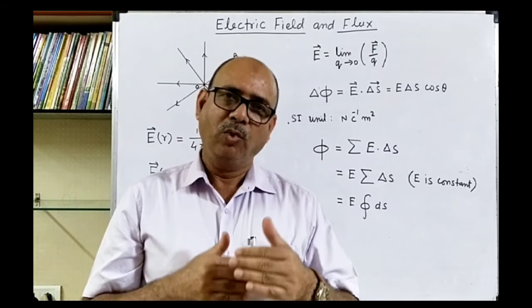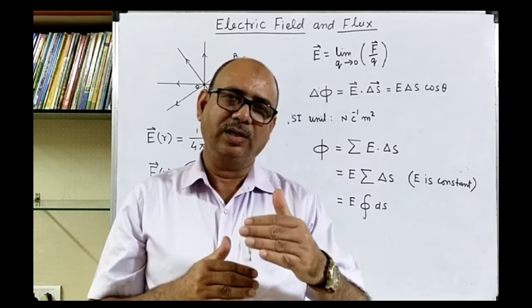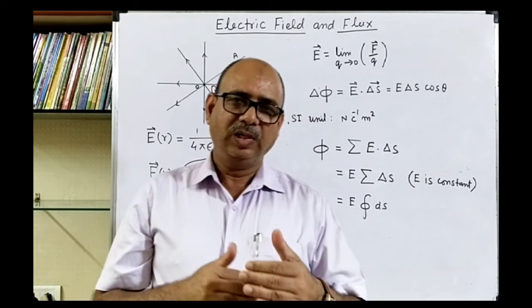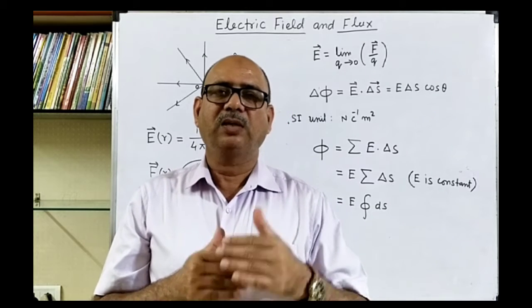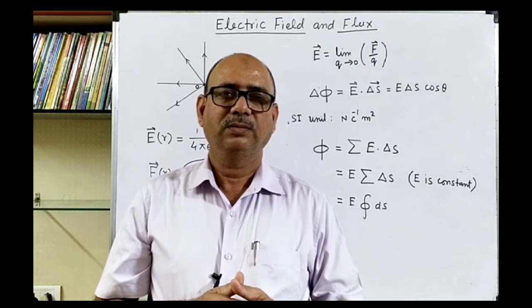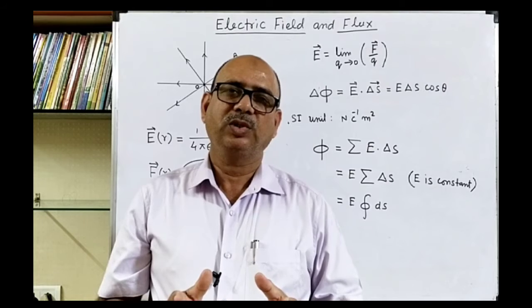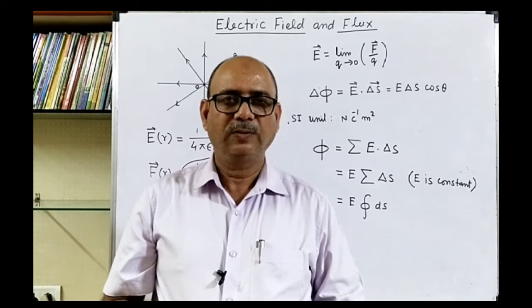That means more and more lines can be accommodated in a given surface area. That means when we increase the strength of the electric field, the electric flux also increases. So we can say that electric flux is directly proportional to the magnitude of the electric field.